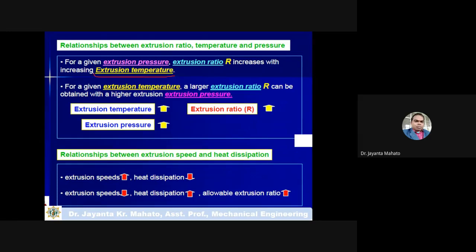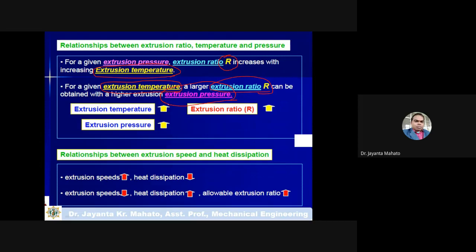So for a given pressure, with the applied pressure the same and the rest constant, if you increase the operating temperature in hot condition, then the extrusion ratio will increase.